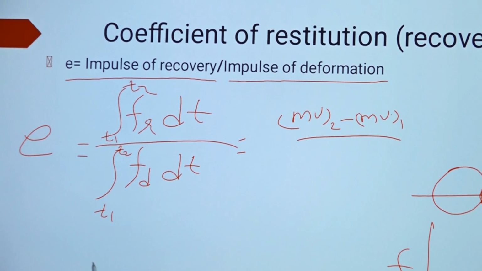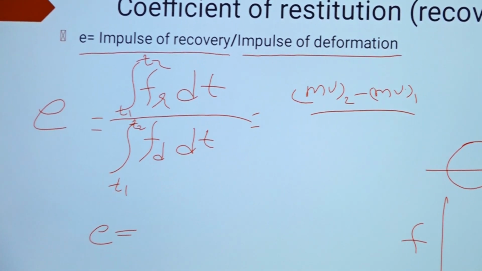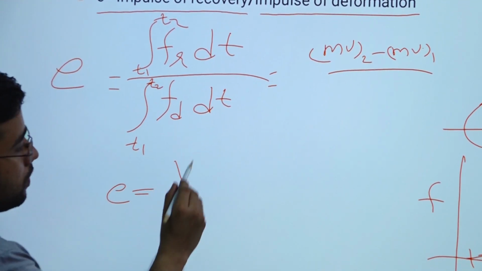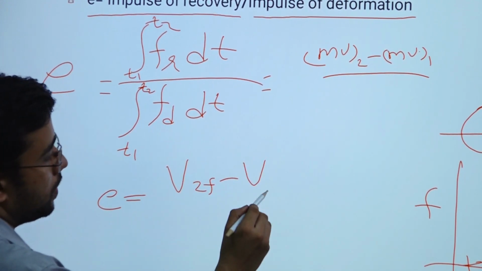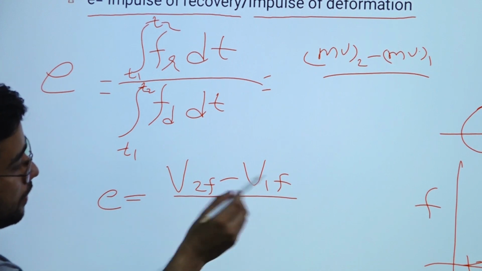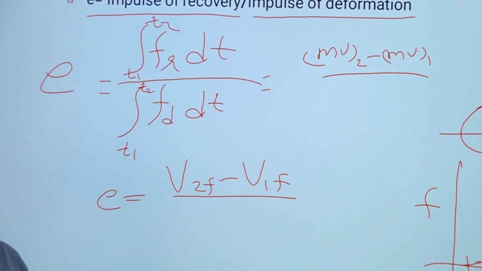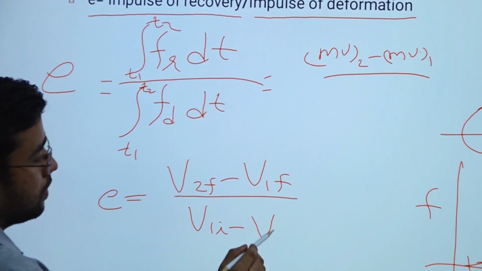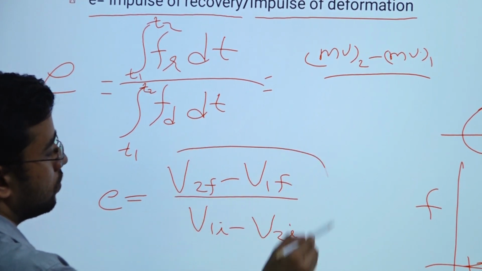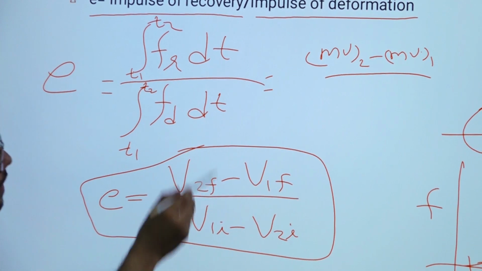That will come from here. E will be equal to V2F minus V1F, the final velocities of both the balls, divided by V1I minus V2I, right? So that will be the formula of E, and this came from here only.